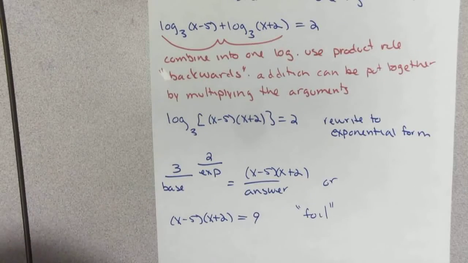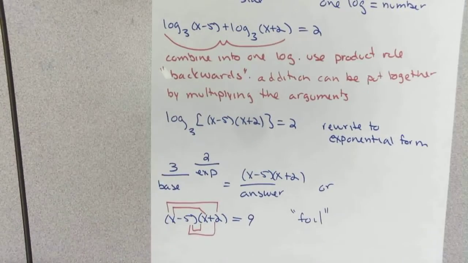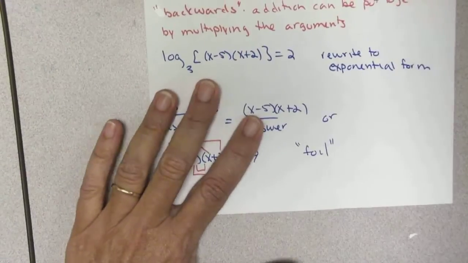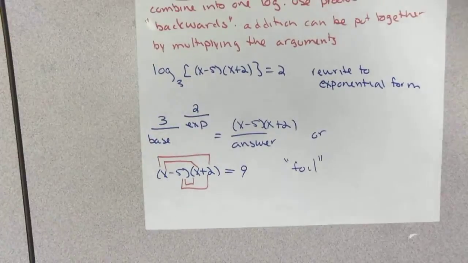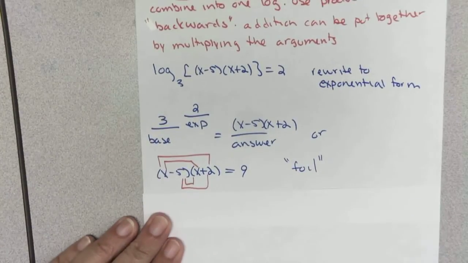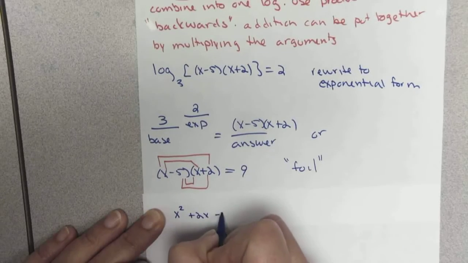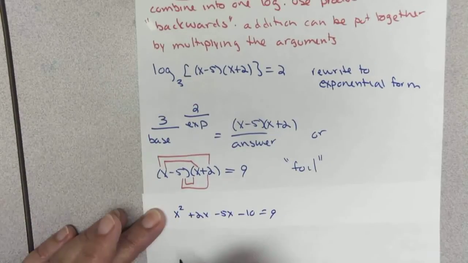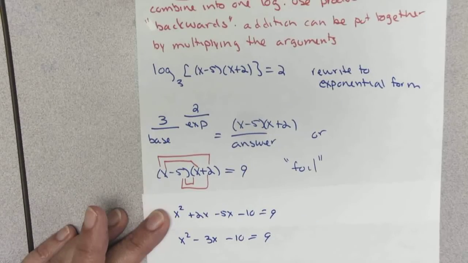So foiling that, and going on to a new piece of paper because I'm running out of room, I'm going to get x squared plus 2x minus 5x minus 10 equals 9. X squared minus 3x minus 10 equals 9.